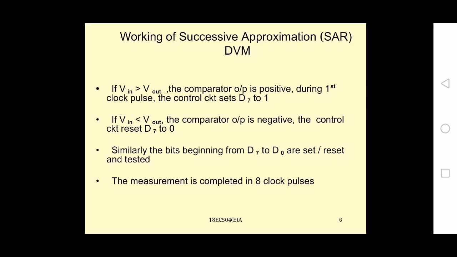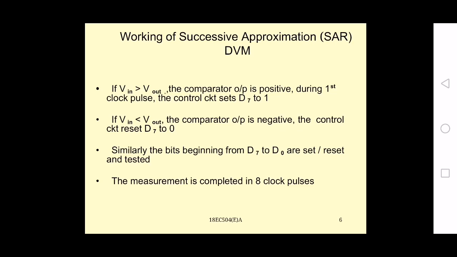If suppose V in is less than V out, then what happens? The comparator output is negative. Then the control circuit resets D7 to 0. That is, in the same clock pulse, if V in is less than V out, the comparator output is negative, the control circuit resets D7 to 0, and it will move on to the next bit, D6.